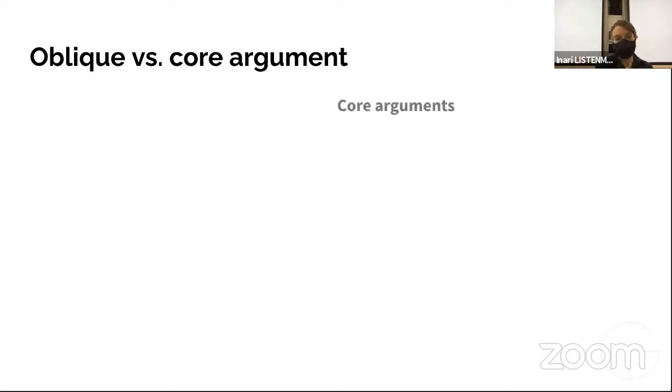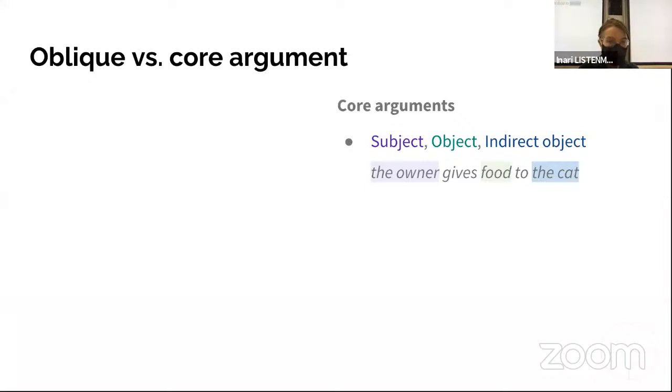Well, these were all core arguments, but now I'm going to also extend this to other arguments. We've seen core arguments like these: subject, object, indirect object, and whether or not we split subject into subject and agent. We can pretty much forget alignment for this part of the talk.